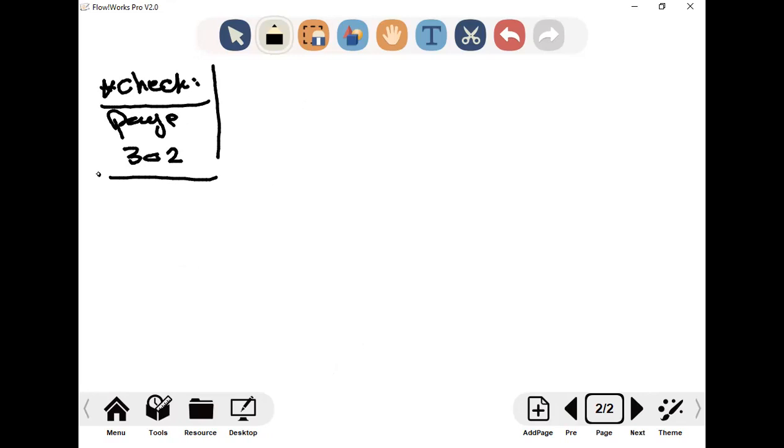Page 302. Yeah, Amelia has how much money? 54. So the whole amount of money there is 54. Continue. Spent will decrease or increase? The money will decrease, right? She spends.